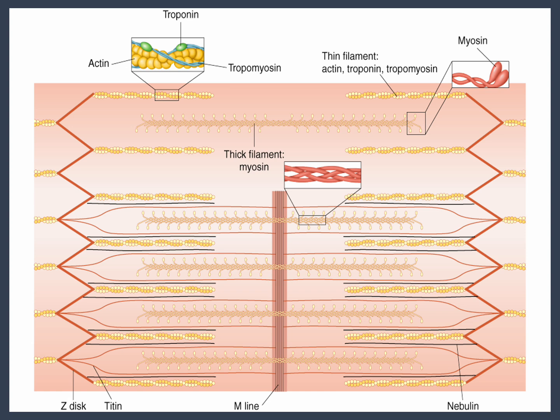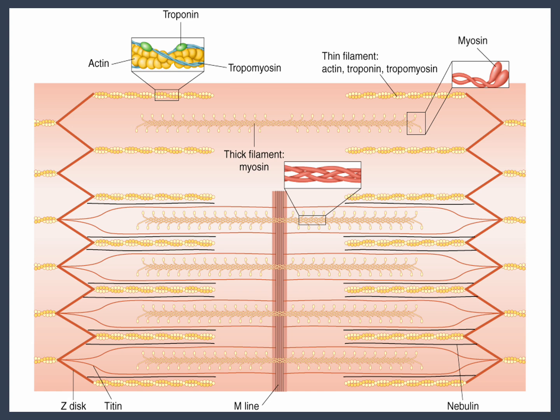If we looked at how the actin is laid out, it attaches to that Z line. So when the globular head of the myosin attaches to actin, it's now connected and it's going to pull the actin towards the M line, in turn also causing the Z lines to move inward like an accordion.